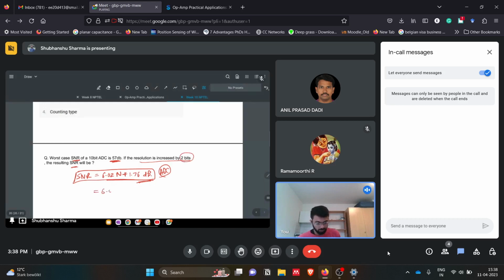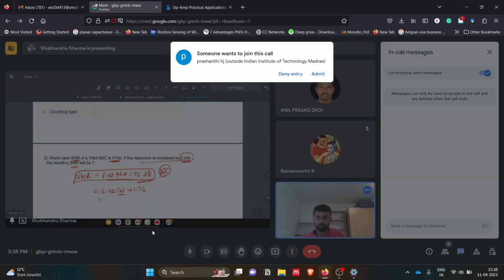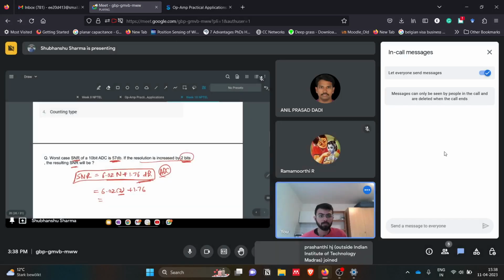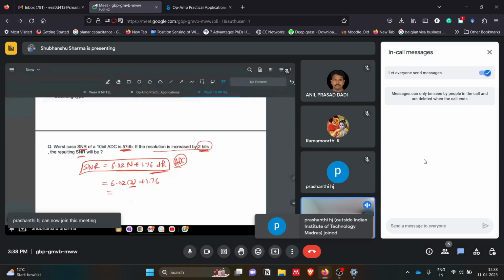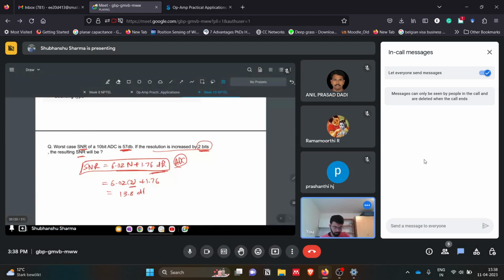What will be the SNR for 2 extra bits? If n is the number of bits, that is 2 bits increased, this will be around 13.8 dB. Now this much SNR will be added to 57 dB. 57 plus 13.8, so the total SNR will become 70.8 dB.